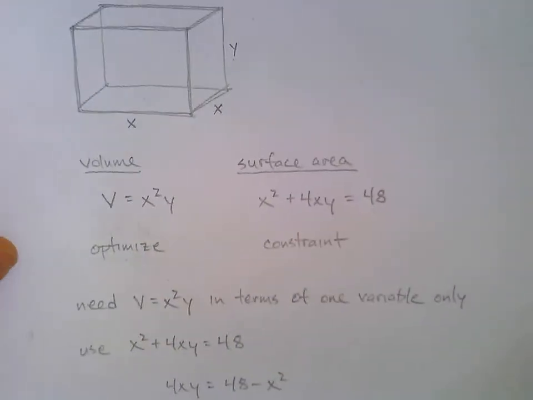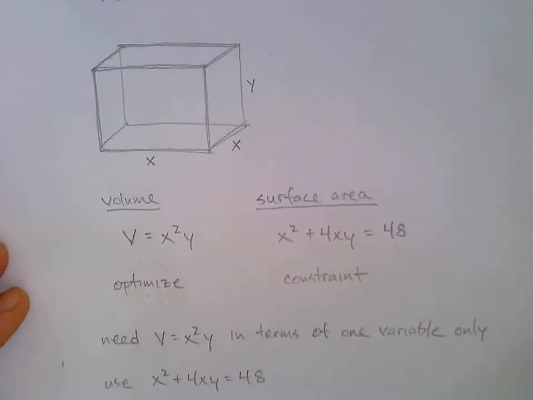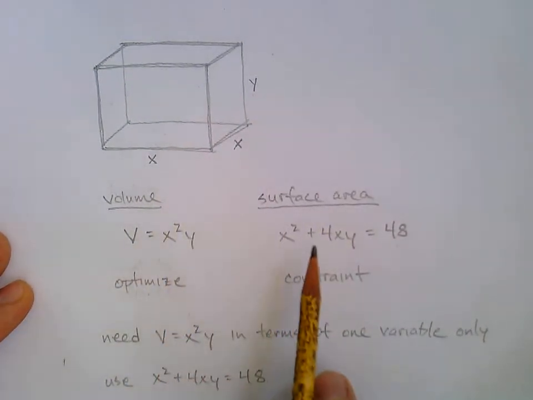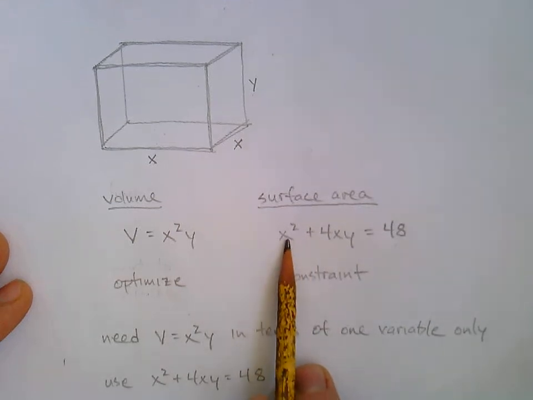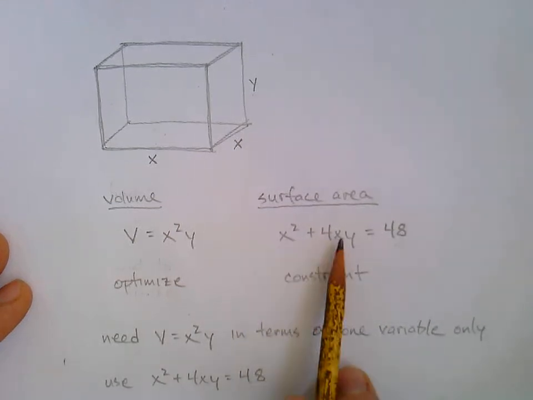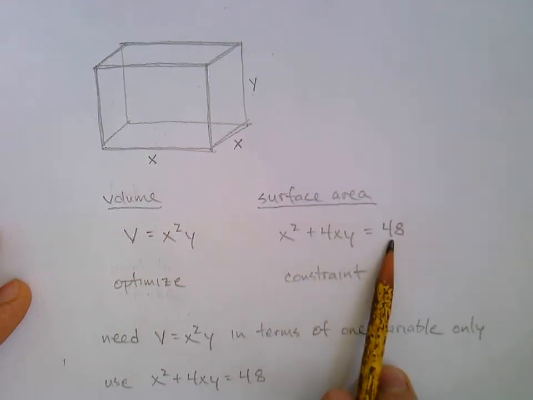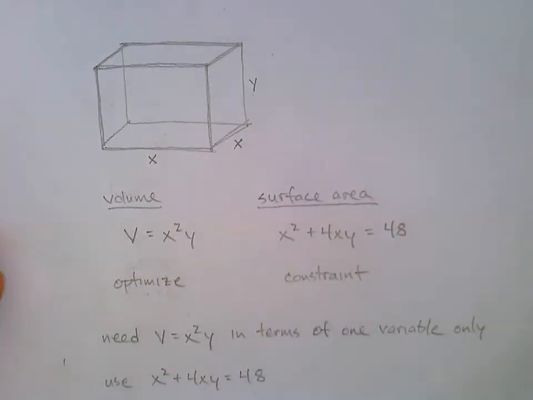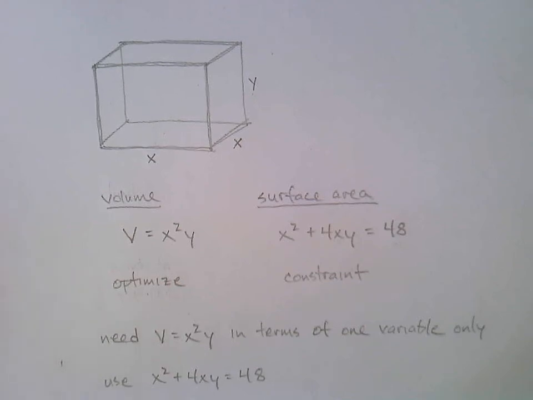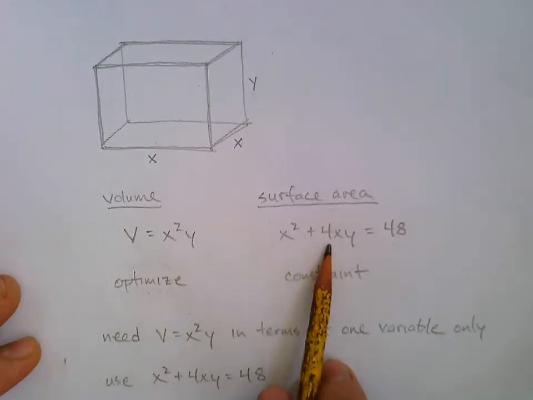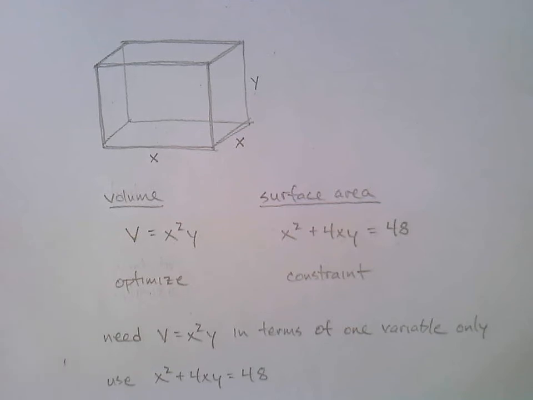Now here's the thing. x cannot actually be 0 because if x is 0, then we violate our constraint, and we'd have a surface area of 0. However, x is allowed to get infinitely close to 0 and still be a little bit positive.